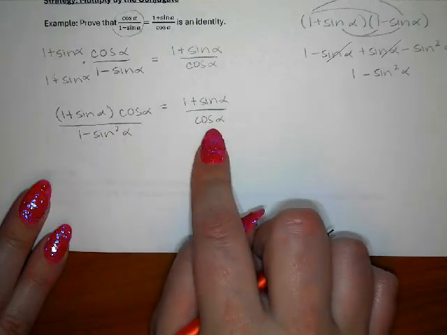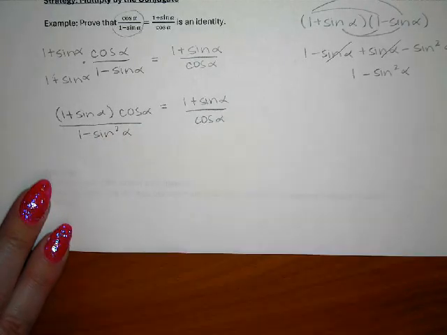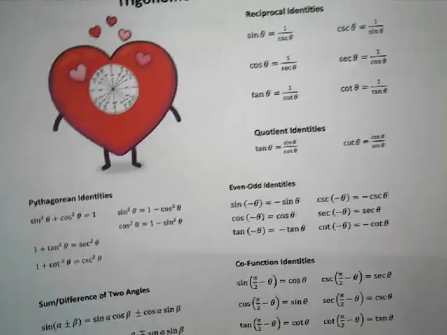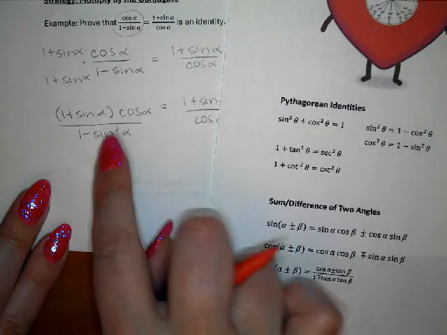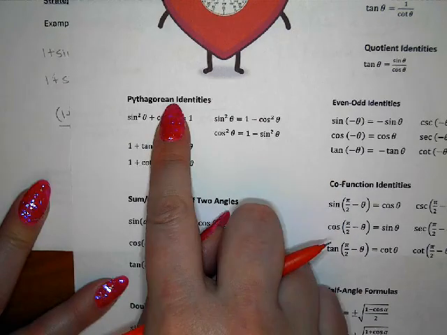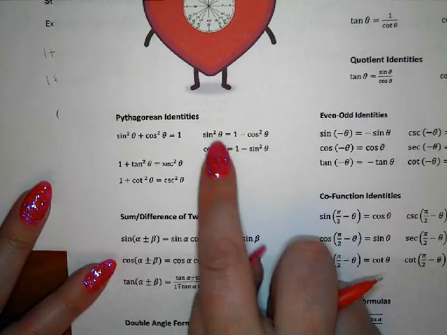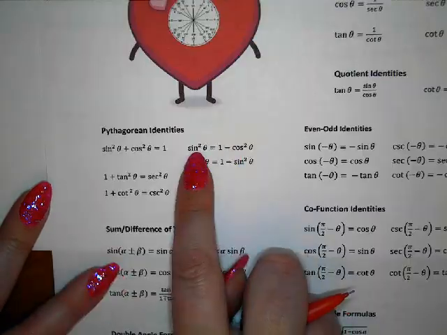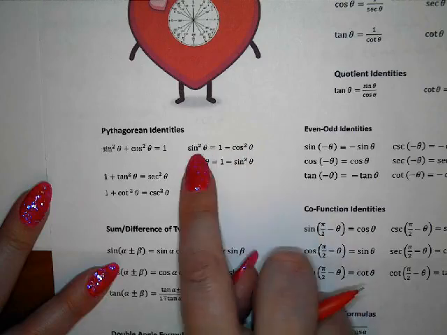But also, if I look over at my identities, I can see a squared, which tells me to look at my Pythagorean identities. And I can see that the only way to take a sine and turn it into a cos is by using those Pythagorean identities.